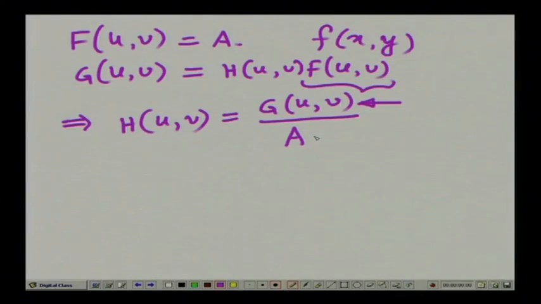A is the Fourier transform of the impulse falling on the lens, and the ratio of these two, G(u,v) by this constant A, gives us the degradation model of this particular imaging setup.